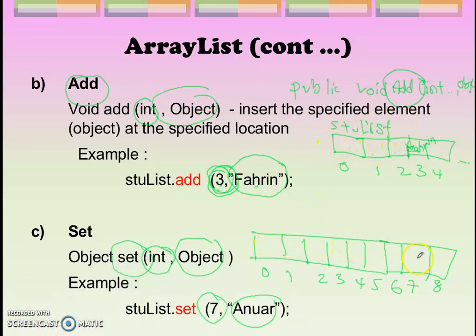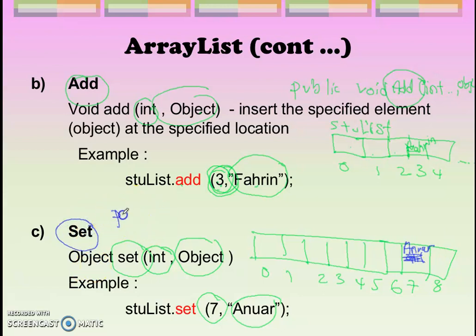Yang ketujuh, so kita masukkan, katalah kat sini ada dah Ali, for example. So tak kisah, Ali pun Ali lah ya. Lepas tu, we want to change it to Anwar. Okay, so same goes here. Yang asalnya sepatutnya bila kita nak guna, once we want to use this set method, we need to define sepatutnya.